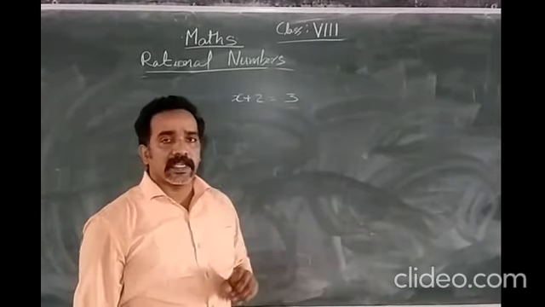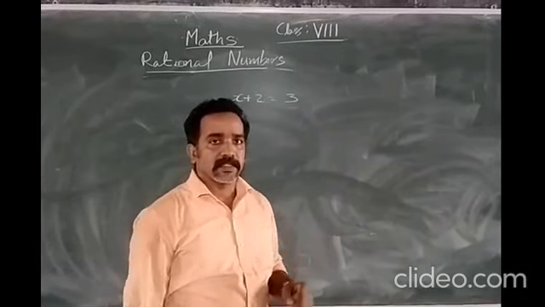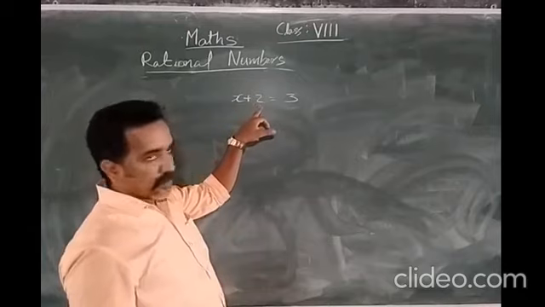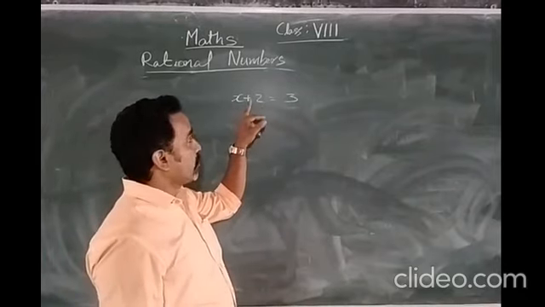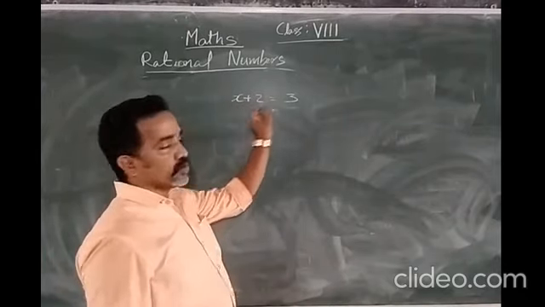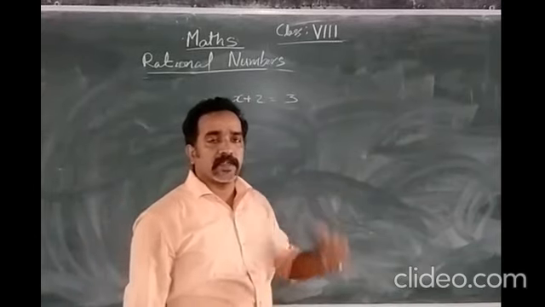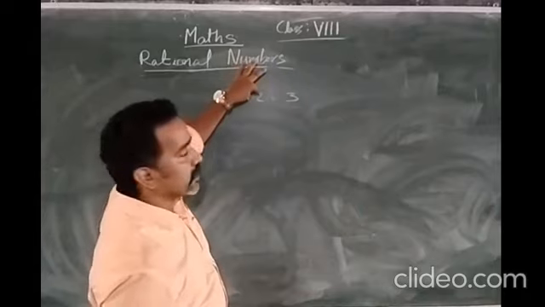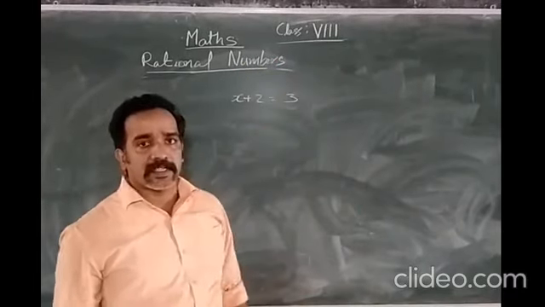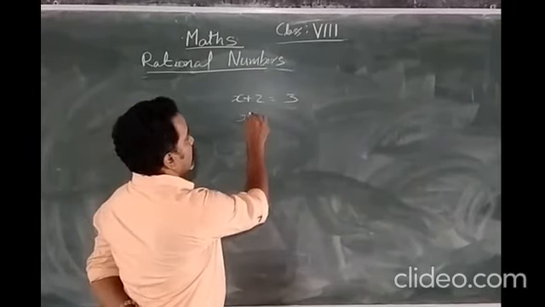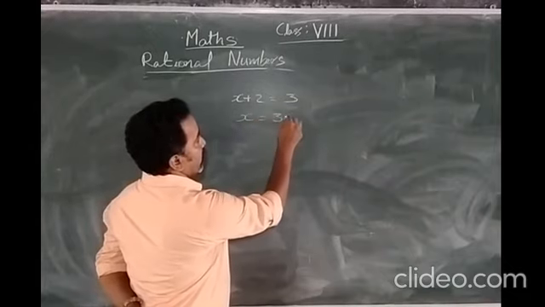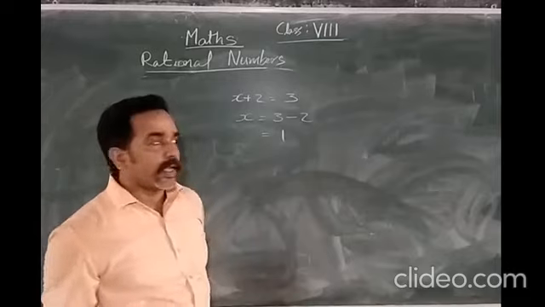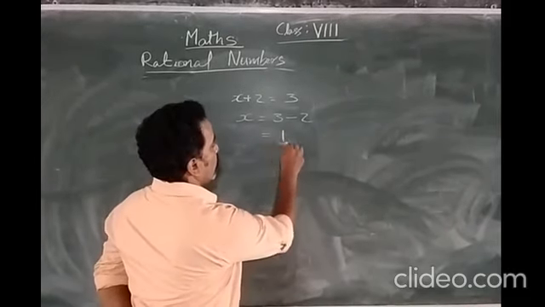If the variable is x, find the value of x. How can we find the value of x? We should remove the 2 from both sides. Otherwise, you just transpose the 2 to the other side. So we will get x is equal to 3 minus 2, that is equal to 1.